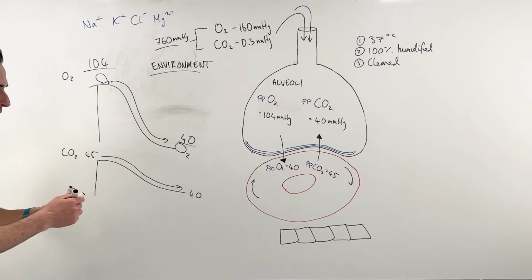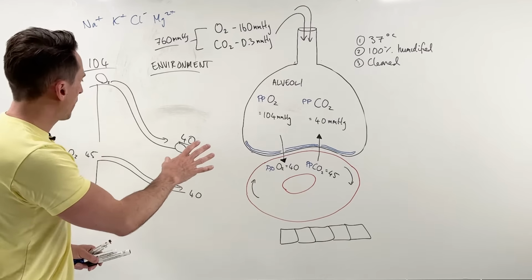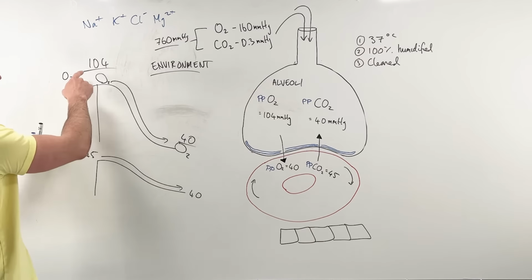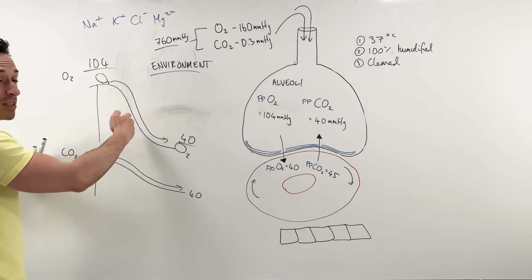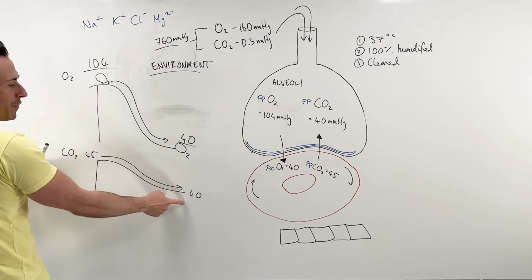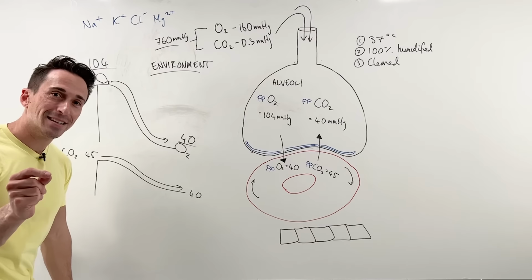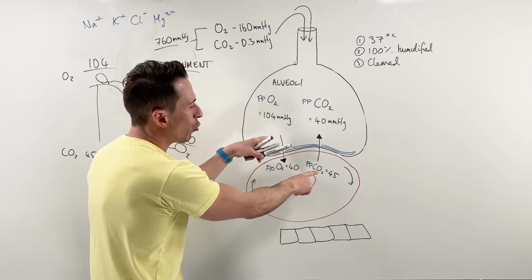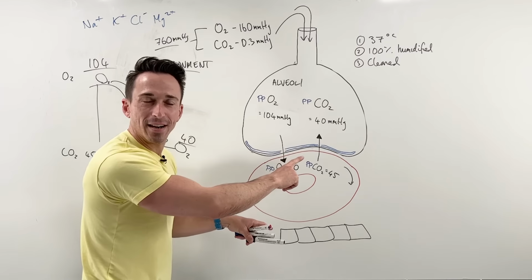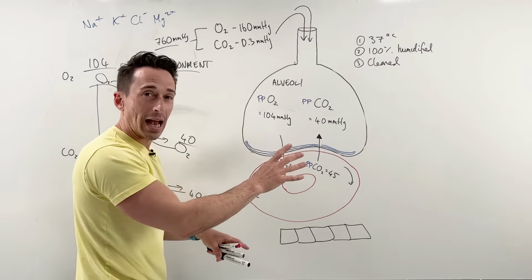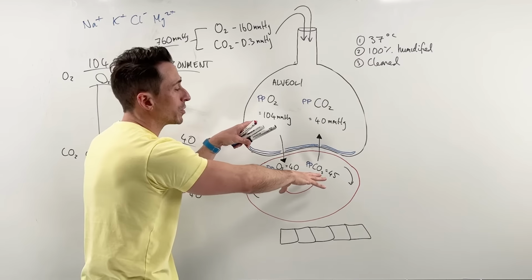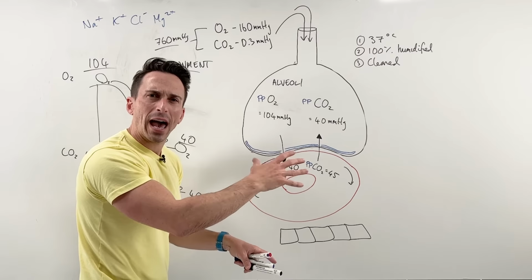Now, important point. Have a look at the gradient of the slide. Going from 104 to 40 is pretty steep, but going from 45 to 40 isn't that steep. Yet, we exchange an equivalent amount of these gases here at the airways, at the alveoli, at what we call the respiratory membrane. How?